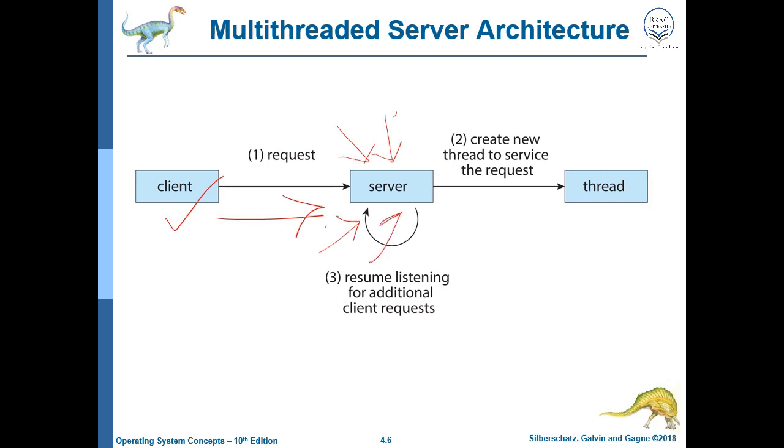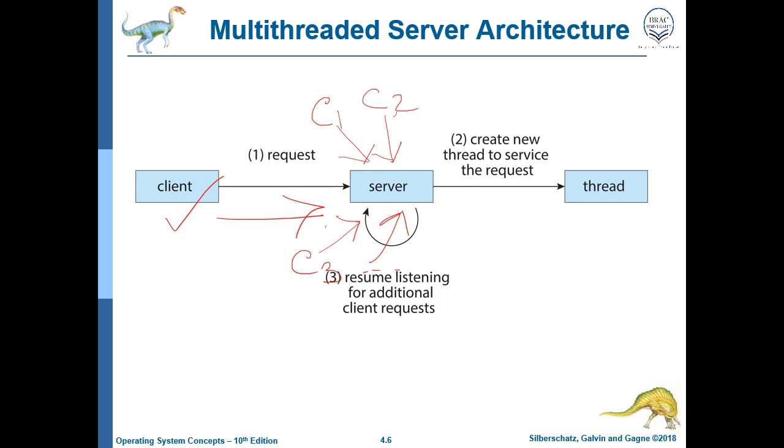Let's assume this is a web server, so this server is bound to get more and more requests. So if this is a single threaded process, then until and unless this service is done, all these clients, let's say this is C1, this is C2, this is C3, and so on, they have to wait.